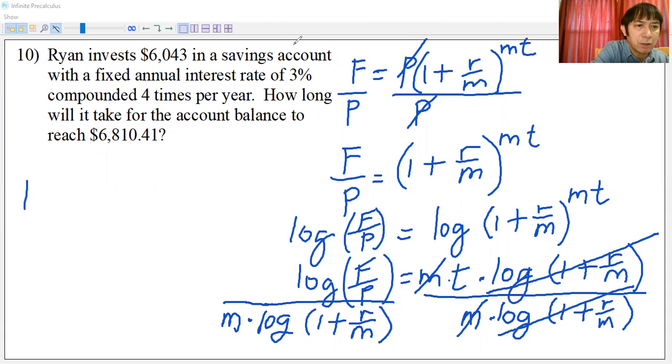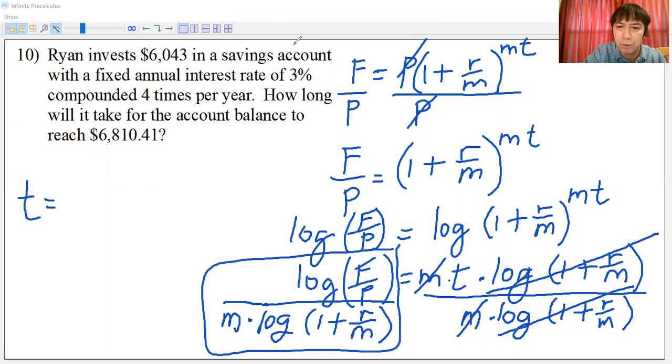Therefore, t is equal to, let me put the t at the left, and then the thing over here will be at the right. So that will be our formula.